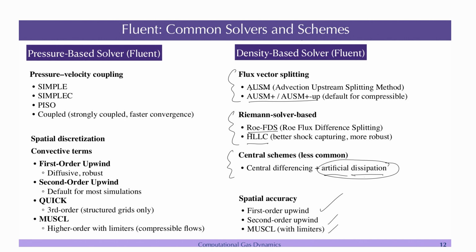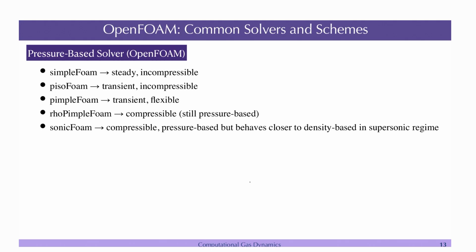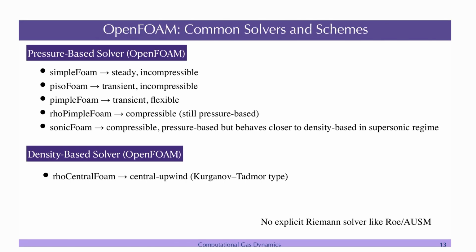If you go to, for example, OpenFOAM, it is mainly a pressure based solver. So, that is what I have discussed earlier. We have simpleFoam, pisoFoam, pimpleFoam, rhoPimpleFoam, sonicFoam. These two can be used for compressible flows, but they are still pressure based solvers. There are very few implementations of density based solvers, although there are new user made solvers coming up. rhoCentralFoam is the default one in OpenFOAM.